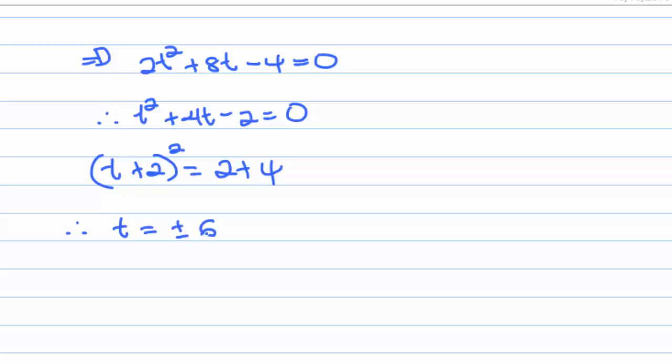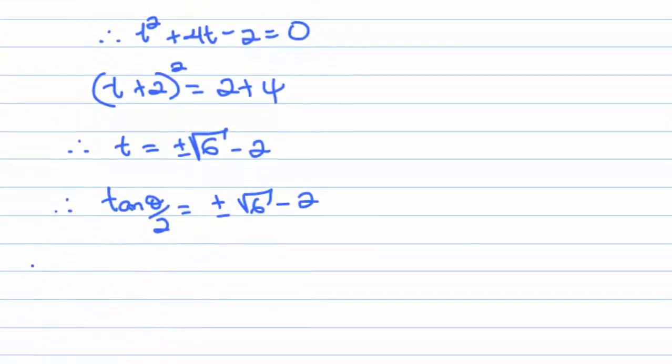If you cannot complete squares still, I'll refer you to the other videos of algebra. And so t is either equal to root 6 minus 2 or negative root 6 minus 2.